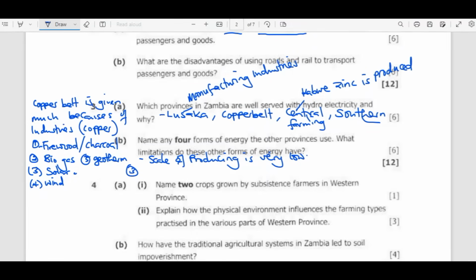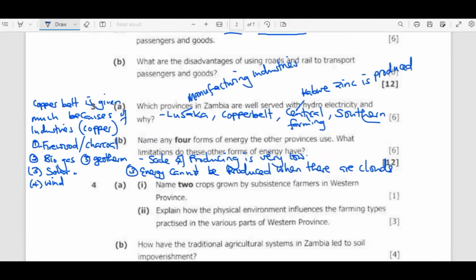So energy cannot be produced when there are clouds.